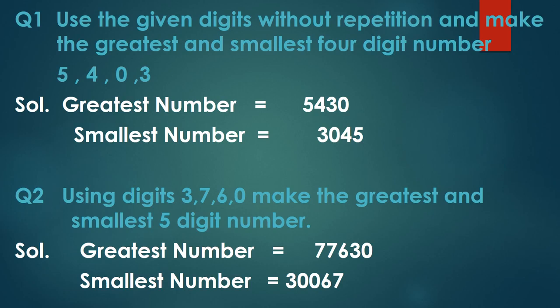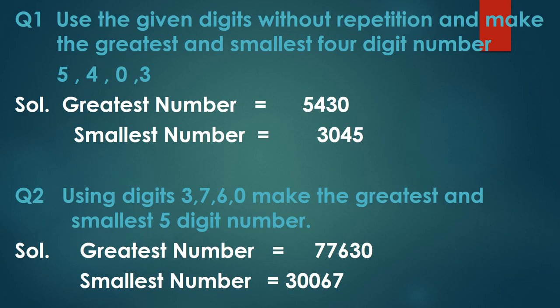So when we are going to make the greatest 5-digit number, we will repeat the greatest digit. And when we are going to make the smallest 5-digit number, then we will repeat the smallest digit. Because one digit we have to repeat definitely. Only 4 digits are given to us and we have to make a 5-digit number.